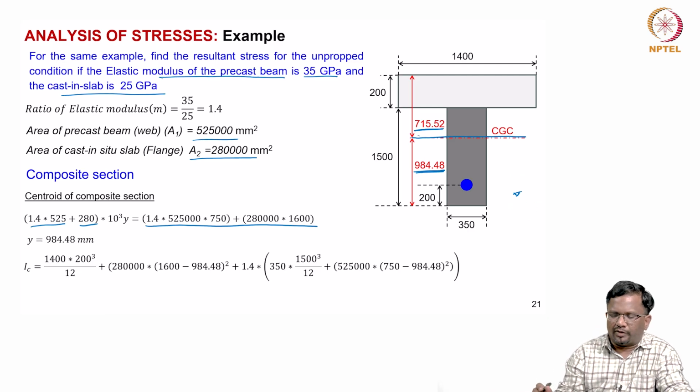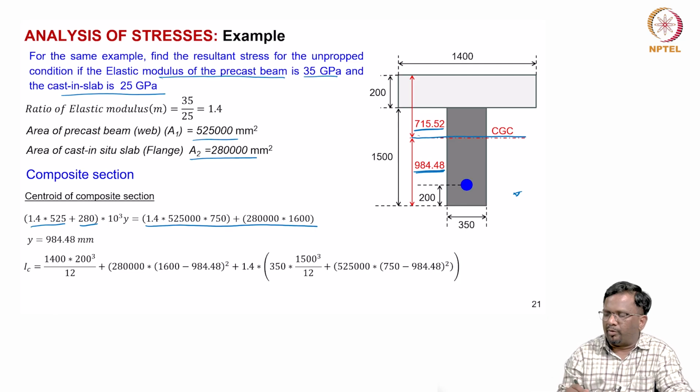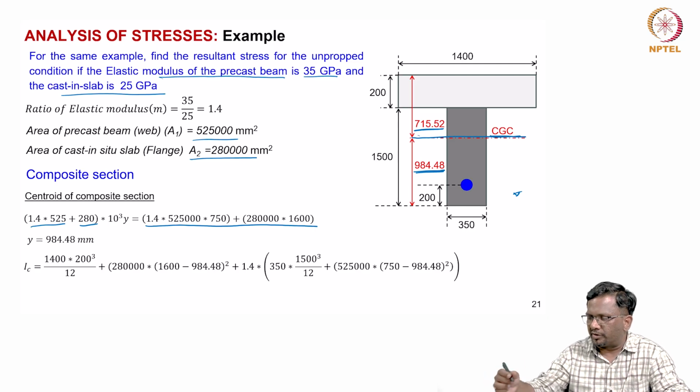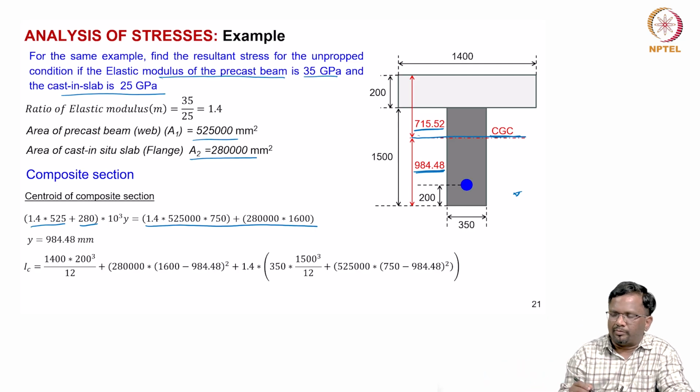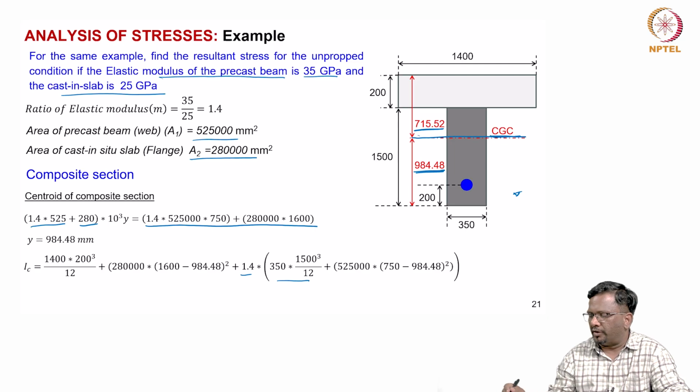Now, what is the moment of inertia? Again, you can use the parallel axis theorem and get your moment of inertia for the composite section. Now that you found the CGC of the transformed section, for the web it is 1400 into 200 cube by 12, plus this area 280,000 times 1600 minus this, plus 1.4 into area, and so on, the difference.